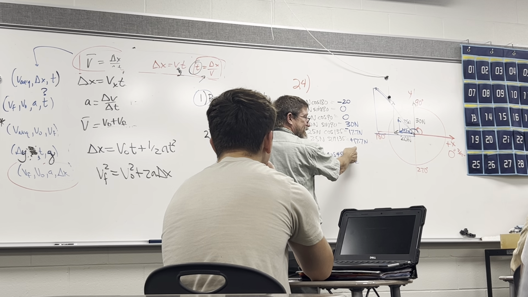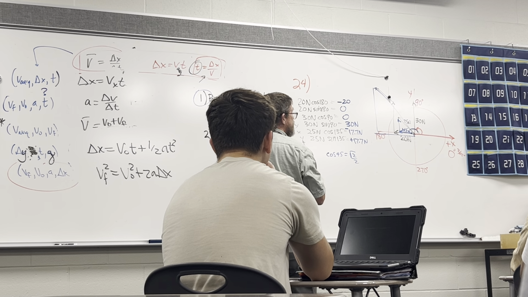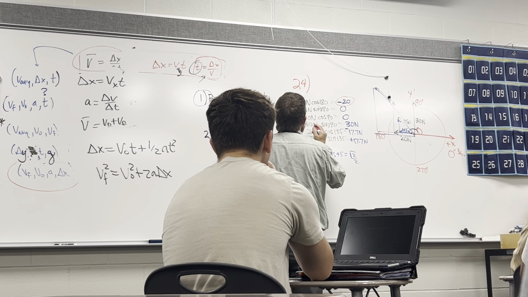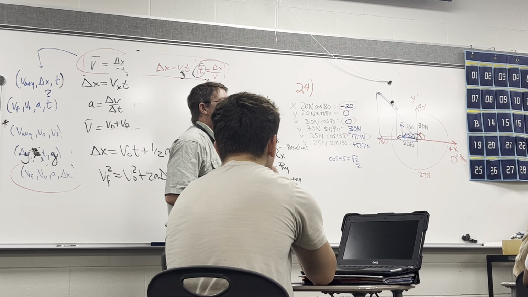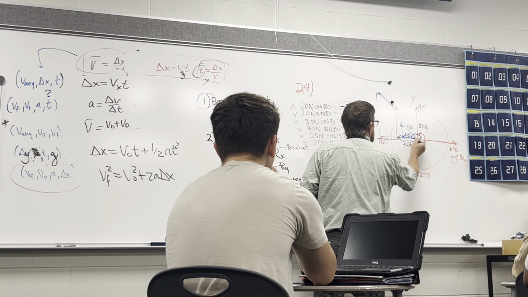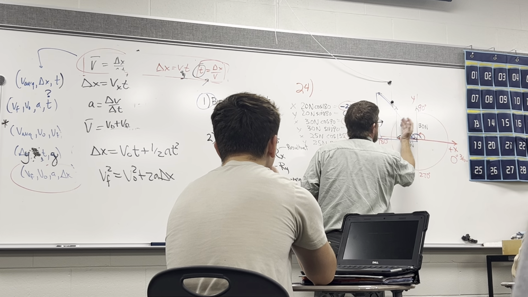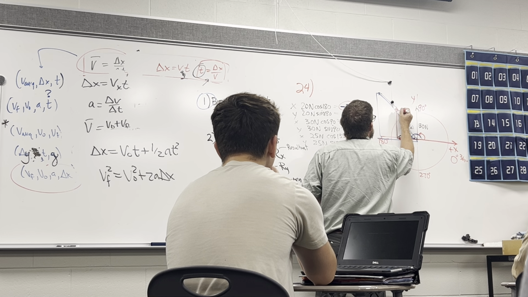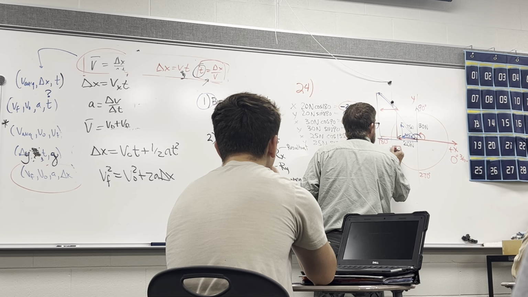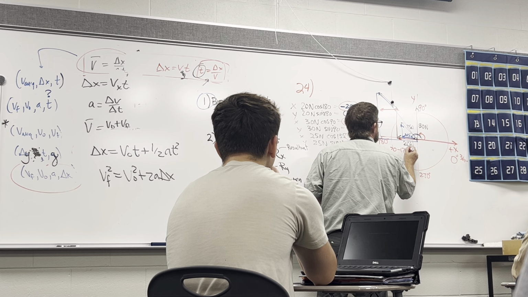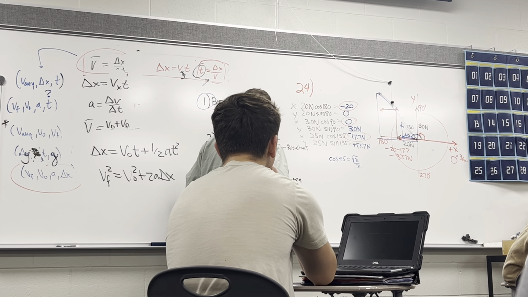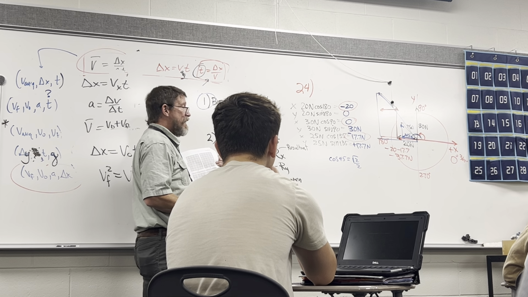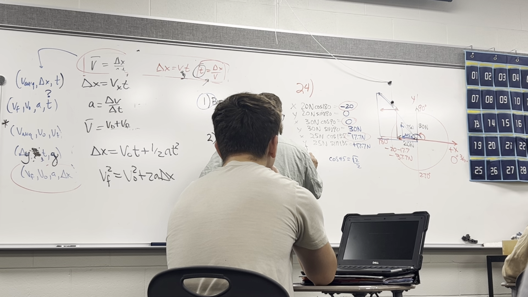You can't add 17 and 17. You're adding X's with X's, so you have to add minus 20, 0, and minus 17.7, because it's going this way, and then it's going none that way, as it goes 30 up. So this side is negative 20 minus 17.7, it's negative 37.7 newtons. We're adding X parts with X parts, Y parts with Y parts. So this becomes negative 37.7 newtons.